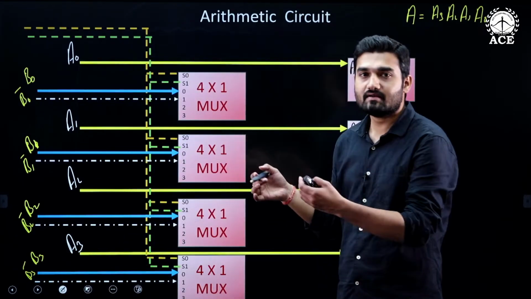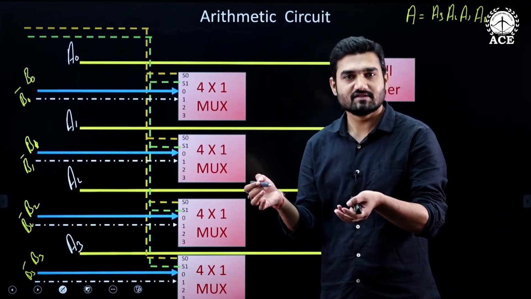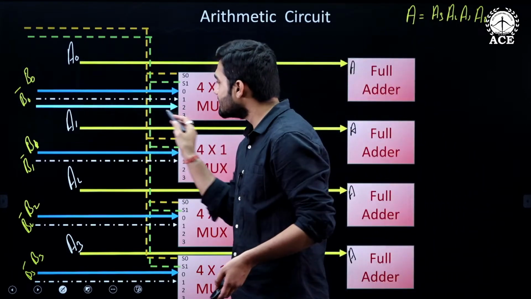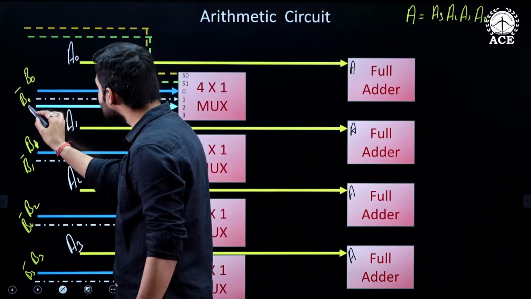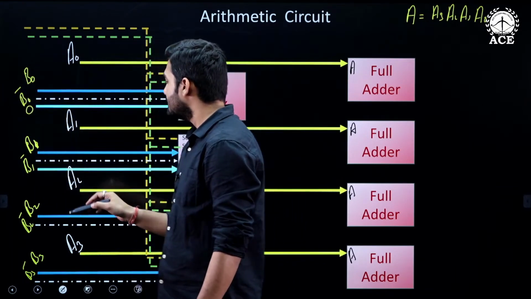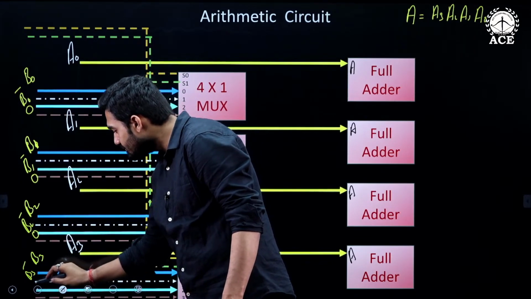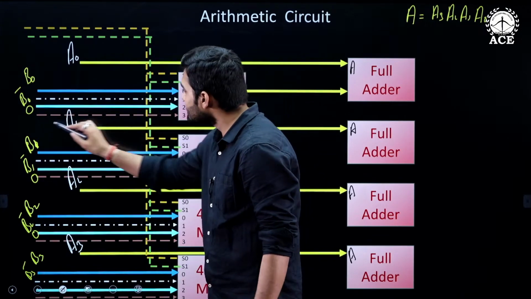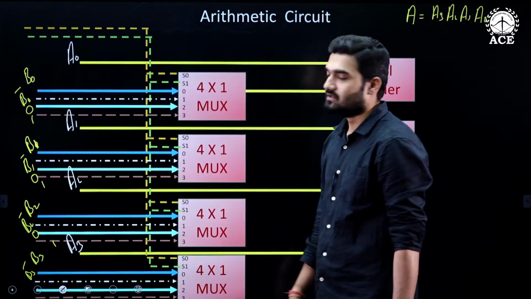So what we are designing, first we are looking at the input parameters, then we will understand the working. Now after that, let us assume this particular line is 0, this line is 0, this line is 0. The next line is 1, the next line is 1, like that it is going to be.